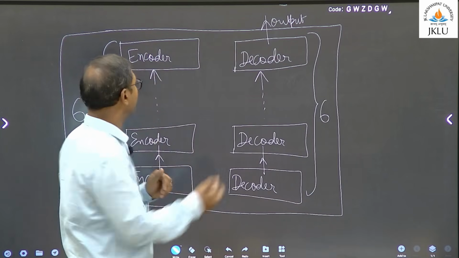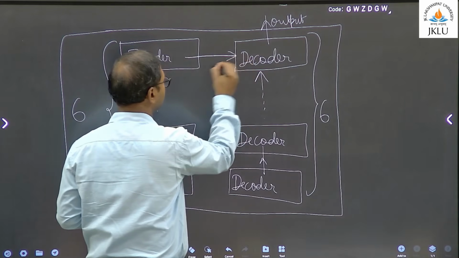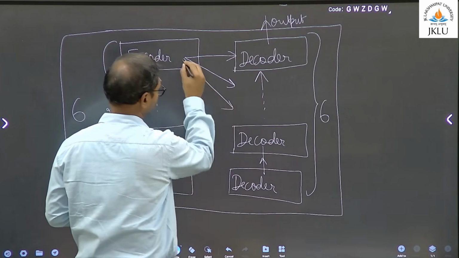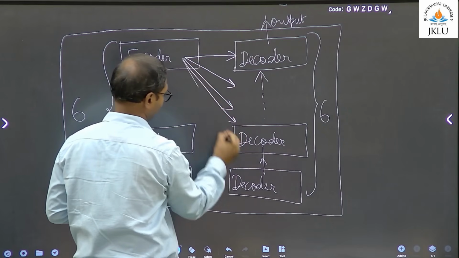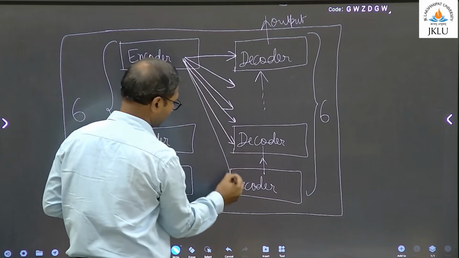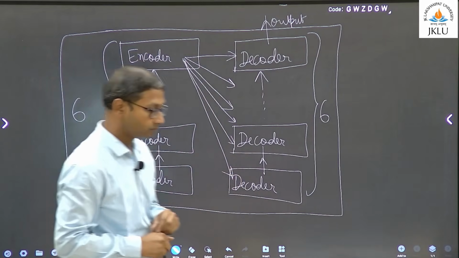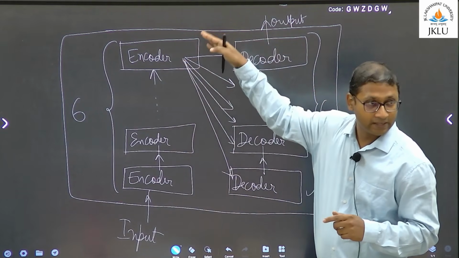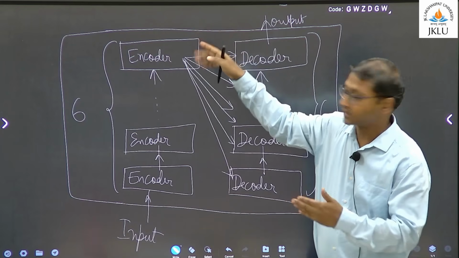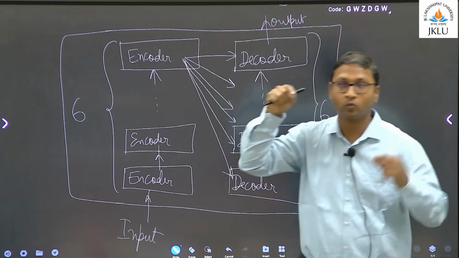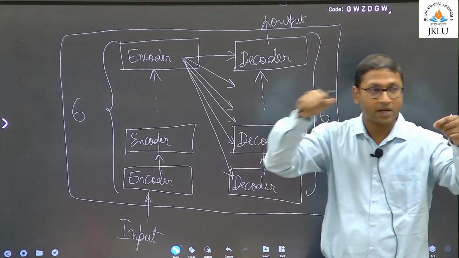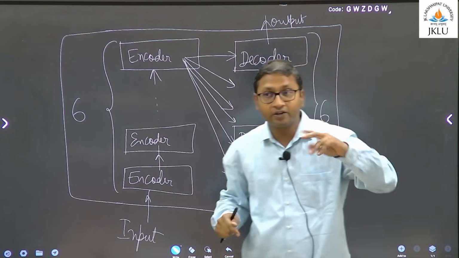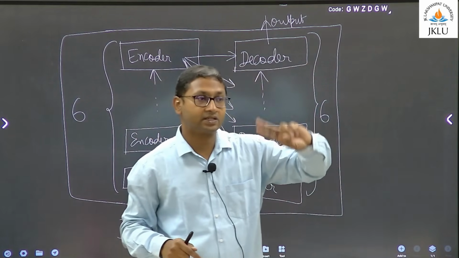So what you actually do, in the case of the transformers paper, this is what happens. Okay, so this outermost, the latest, the one in the last, right? This encoder, whatever it has encoded, pass it to all the decoders. Now, this is different from the way we were doing it in LSTMs.